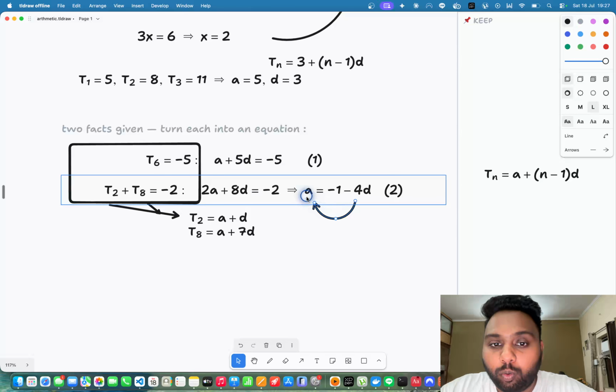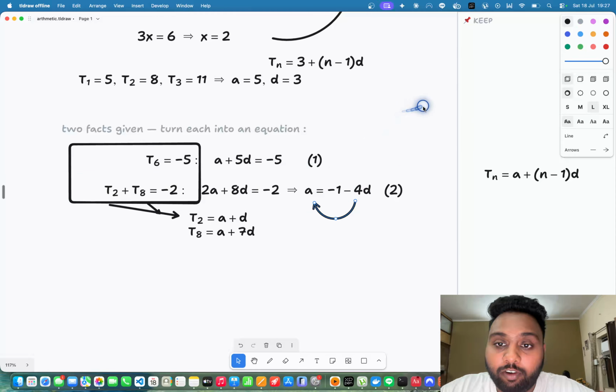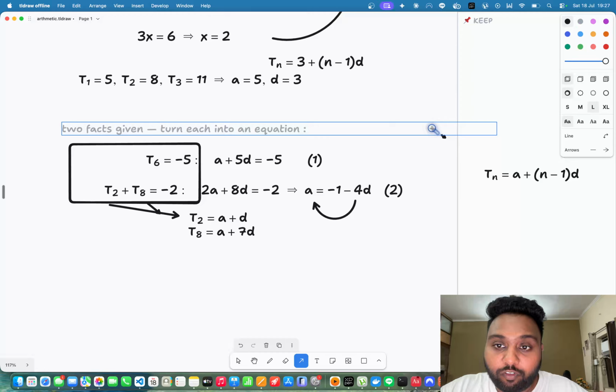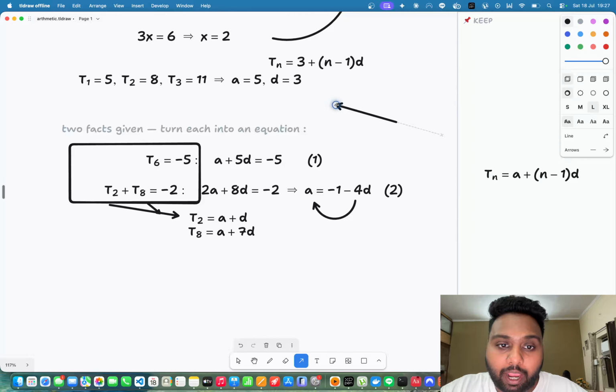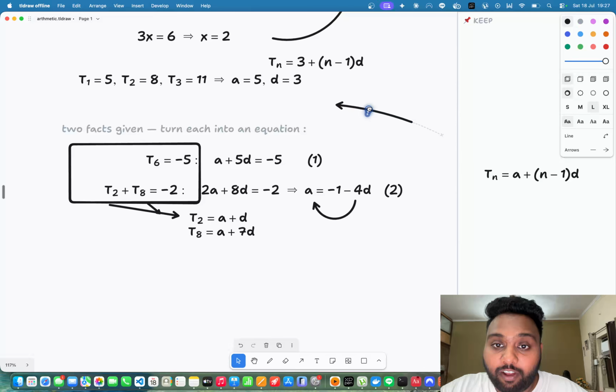All I have to do is substitute a back in. I will take the value of a from equation 2 and substitute it into equation 1.